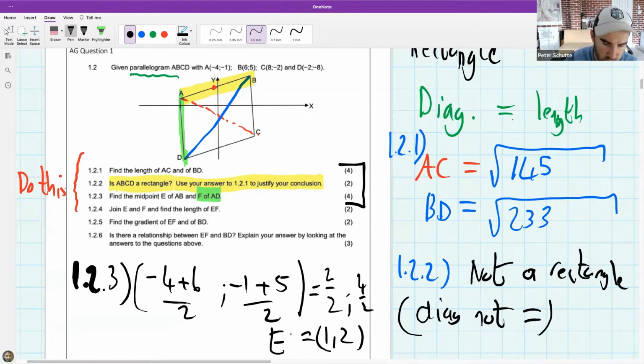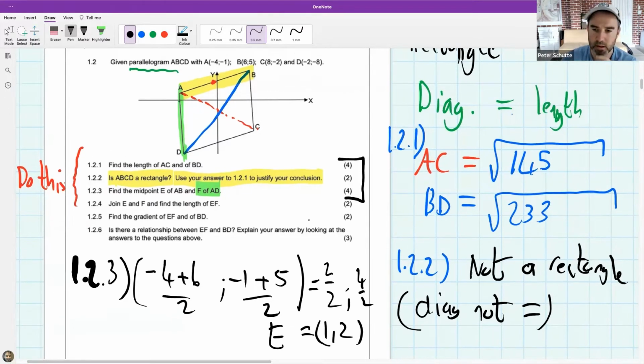So you should get the point 1, 2 for E. And you should also get for F, using a similar idea. Remember where F is on AD. So F is over here. You need to use the point A, and you need to use the point D.